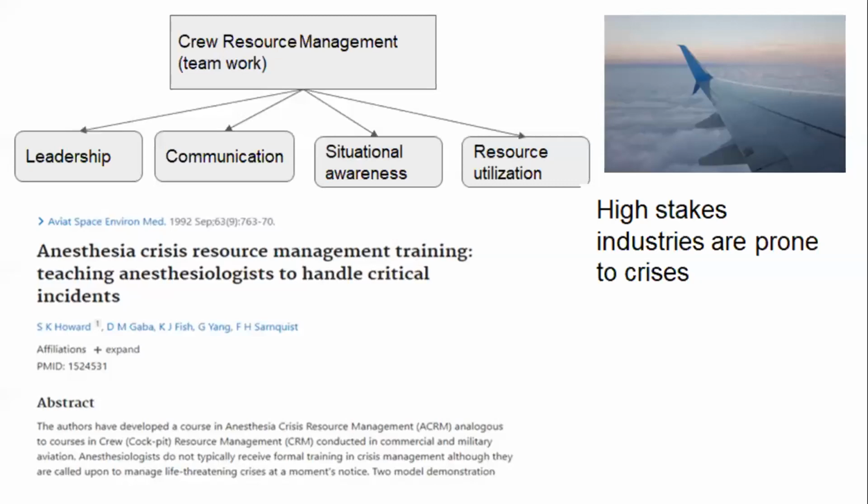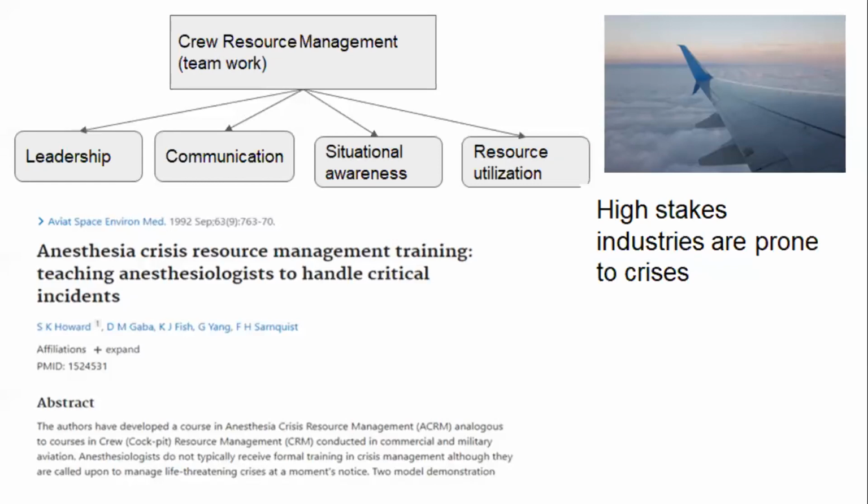Let me say a little bit about CRM. Crisis resource management was drawn from crew resource management that is used in the aviation industry. I think everybody knows that high-stakes industries, especially aviation and medicine, are always prone to crises. Every day when we go to work, that's one of the things we are cognizant of.